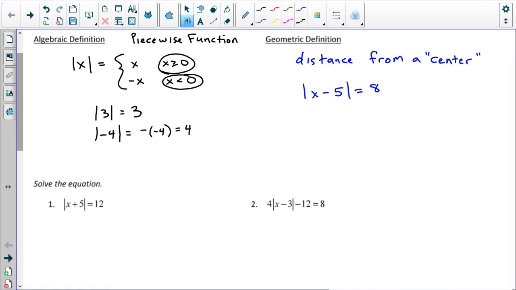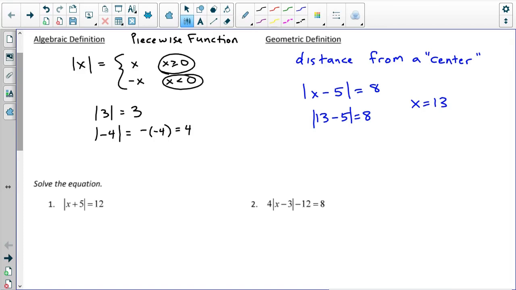If I just substitute in values that make this work, I know that 13 minus 5 gives me 8. So that means that the absolute value of 13 minus 5 is 8. So one of my answers to this problem is x equals 13.